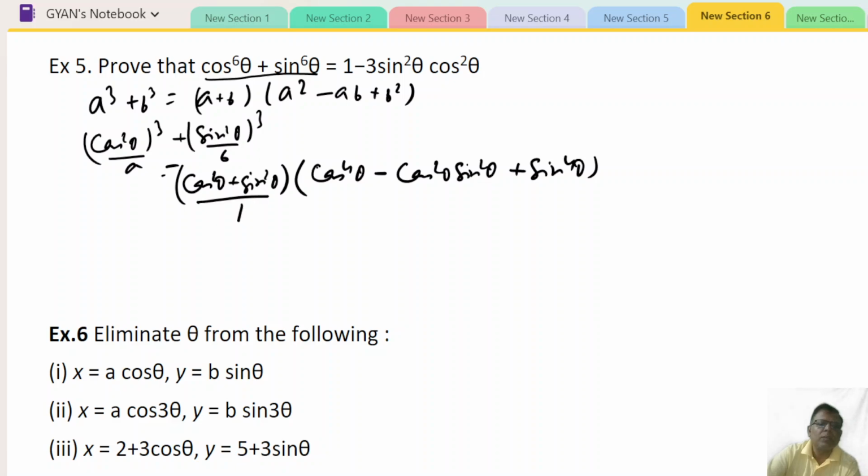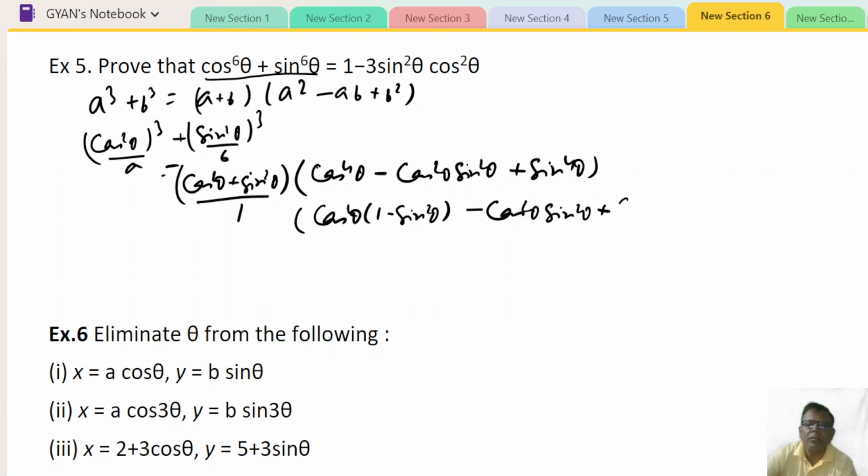This becomes 1. And here there is sin square theta and cos square theta, so you convert cos 4 theta to cos square theta times 1 minus sin square theta. Then here minus cos square theta sin square theta. Here also you convert sin square theta to 1 minus cos square theta.